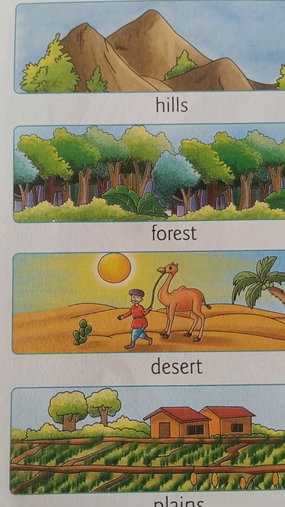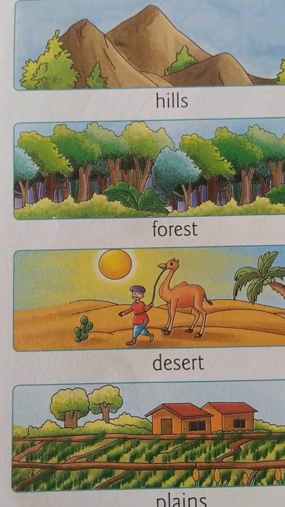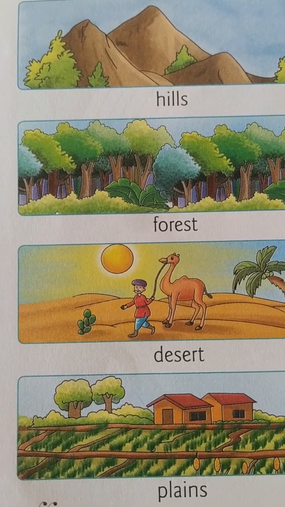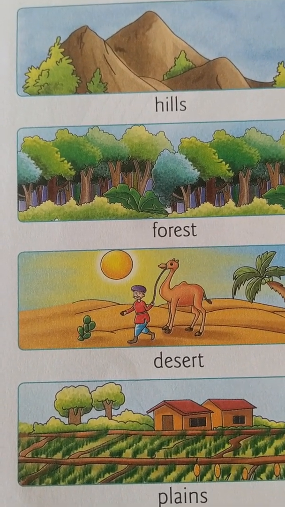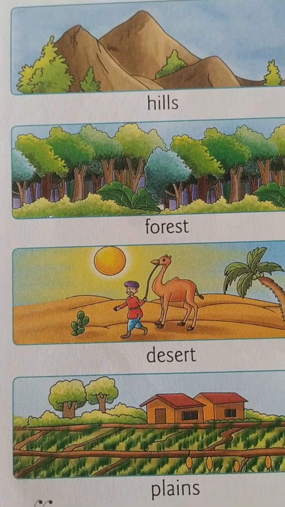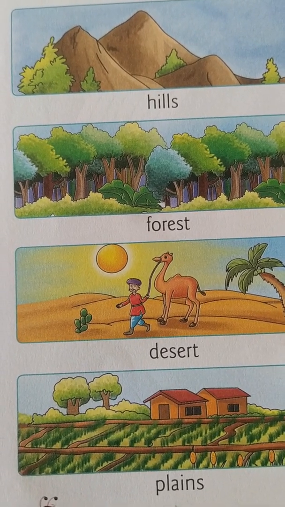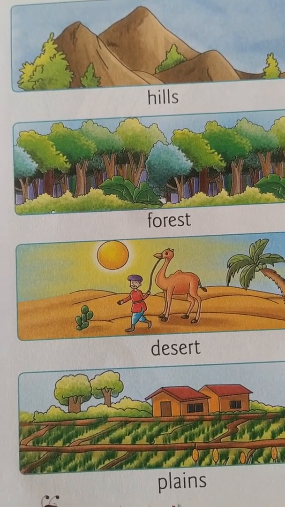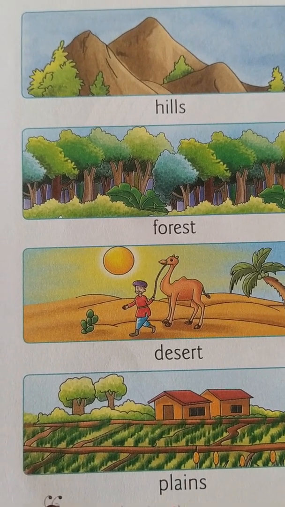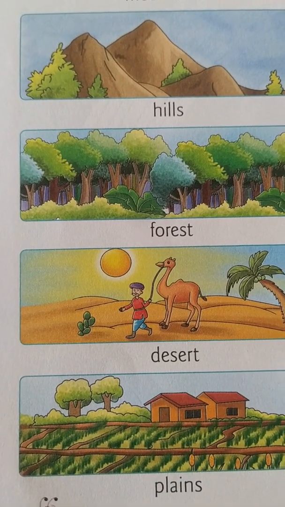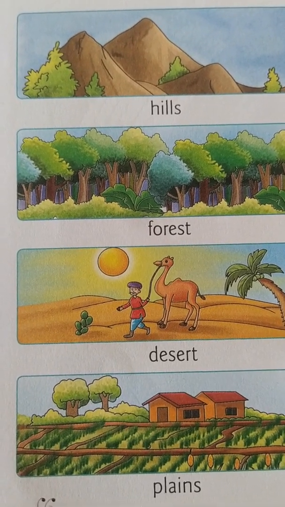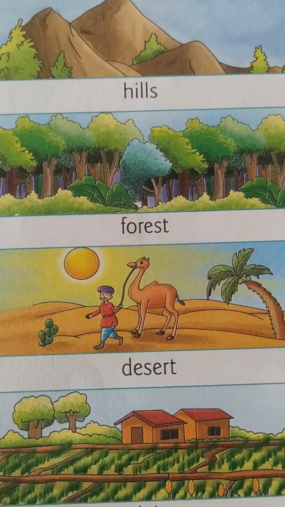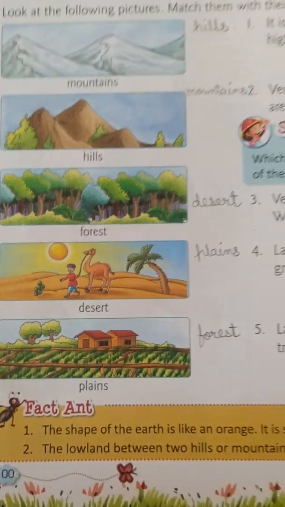This hump stores a lot of water. Once they drink the water, they can store it in themselves for a very long period. So while walking in the desert on the sand, they have a lot of water inside them. So the camel is known as the sheep of the desert.